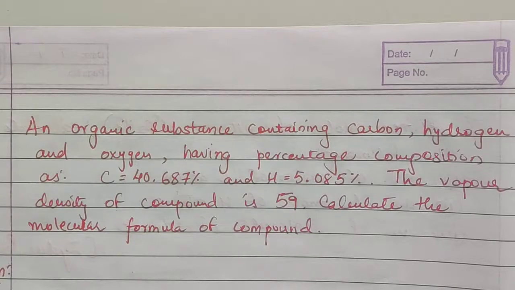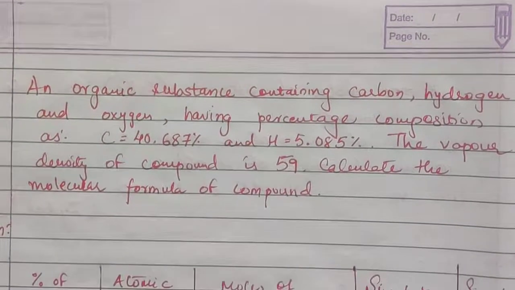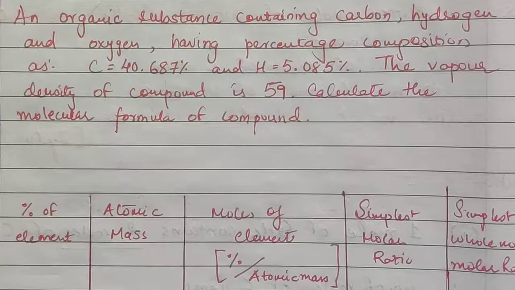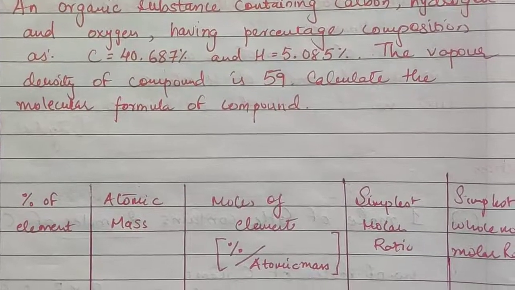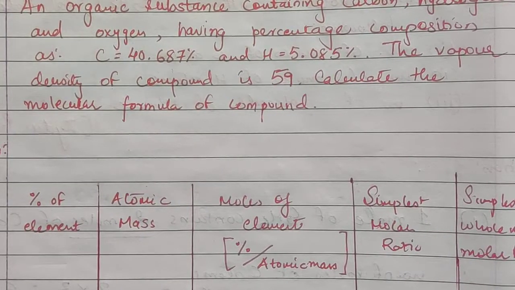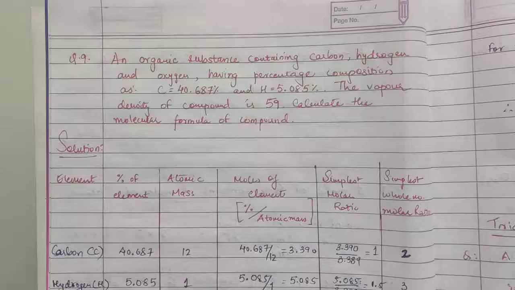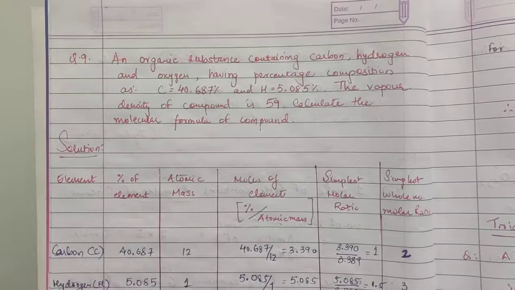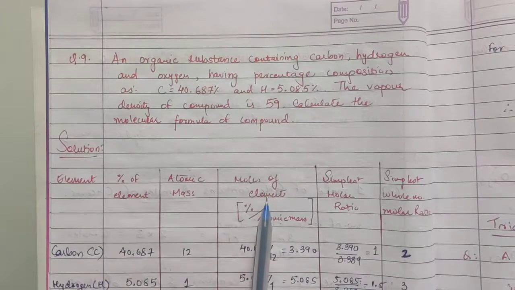Now, after clearing all this, let us begin with the actual solution, which begins with one of the important tables. That table is right in front of you. As you can see, students, you have your element in the first column, then the percentage of that element, then its atomic mass, then you need to find the moles of that element.